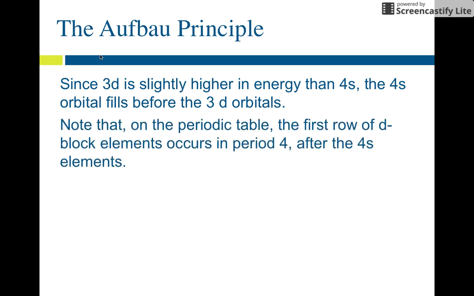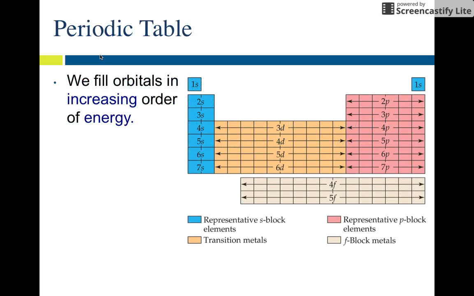And you'll notice on the periodic table, the first row of d block elements occurs in period 4 after the 4s elements. If you look at your periodic table, we know that 3d is the first d block that we see, but the 3d orbital comes after 4s. So this is 3d, 4d, 5d, and 6d.